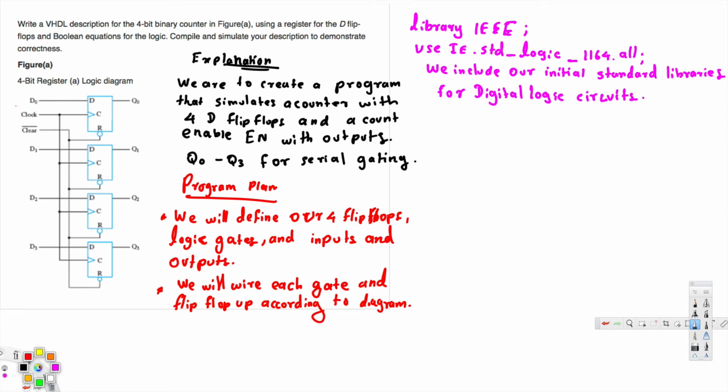Now let's write something else. Entity register 4-bit is.